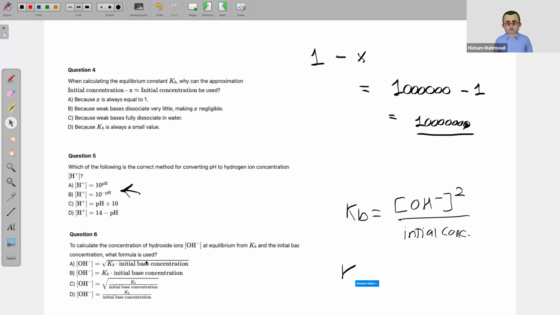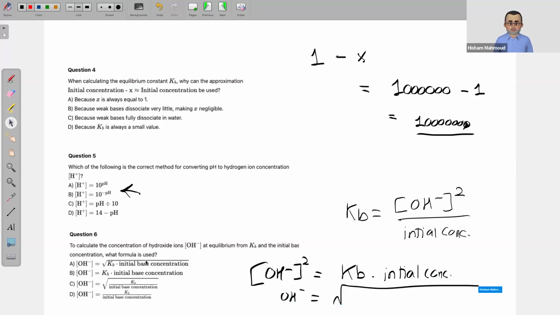So OH minus squared is equal to Kb multiplied by the initial concentration. But this is only for OH squared, so OH minus is equal to the radical of Kb multiplied by the initial base concentration.